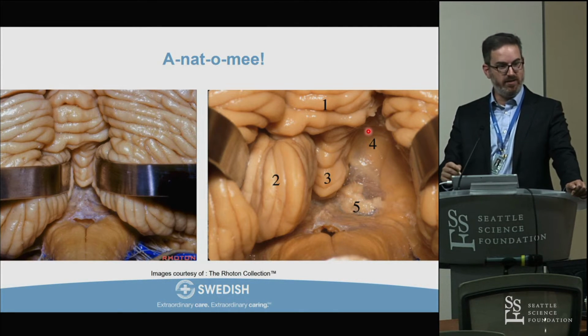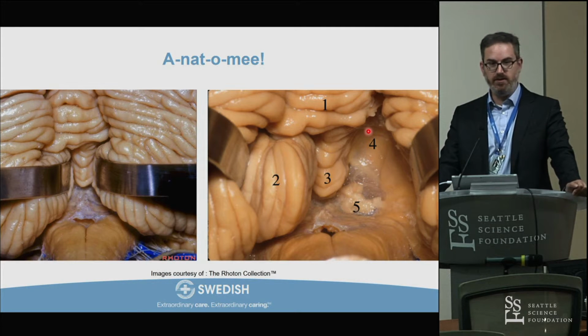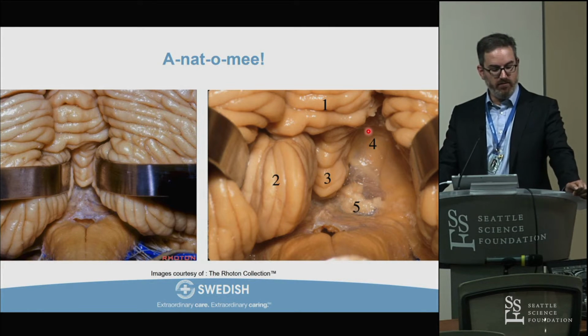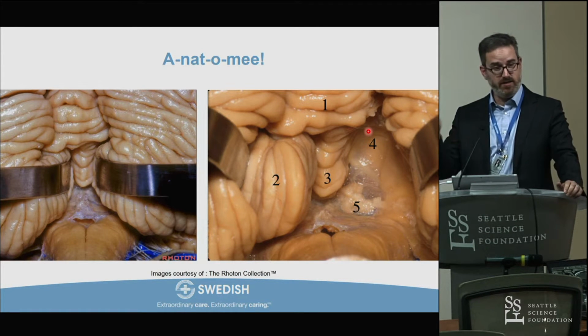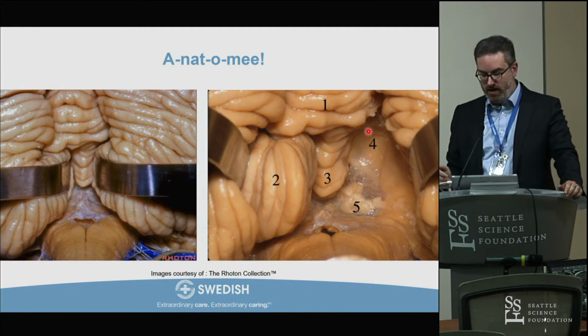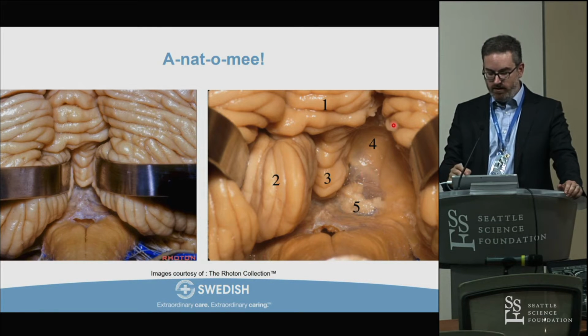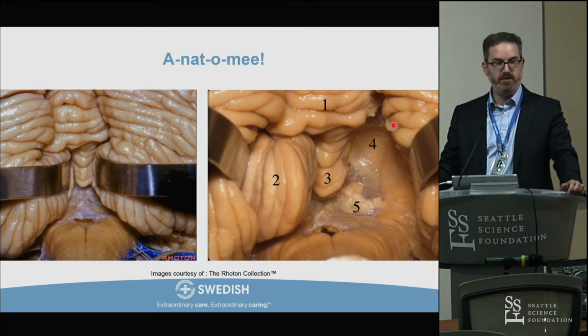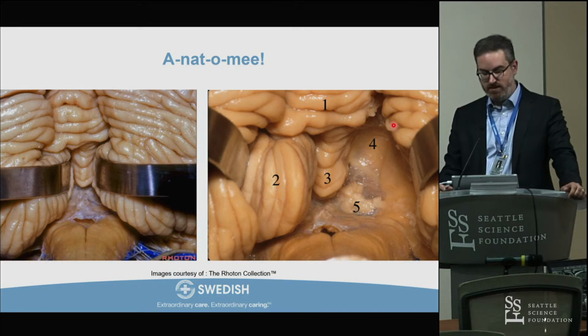Dr. Sasanto mentioned earlier the superior medullary velum, which is above and lateral to the frenulum of the fourth ventricle, the frenulum being the decussation of the superior cerebellar peduncle, and that forms the superolateral roof. The inferior medullary velum is what connects your flocculus to your nodule.